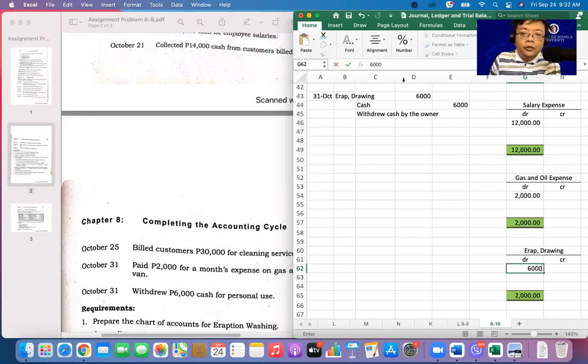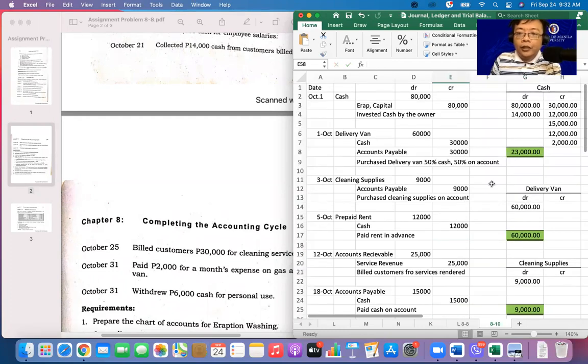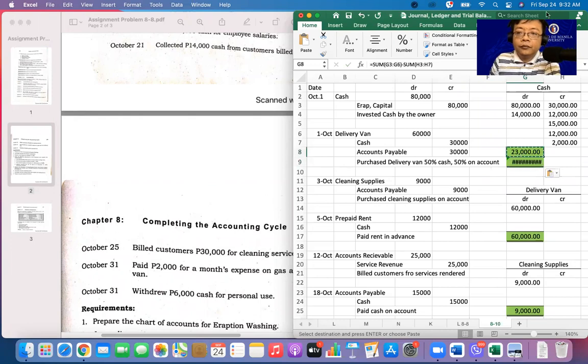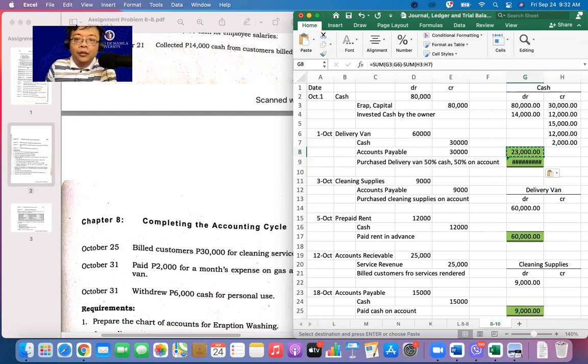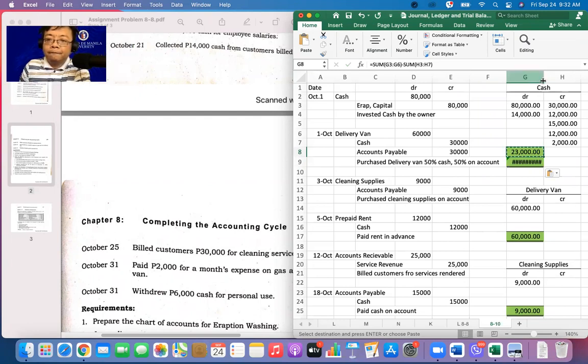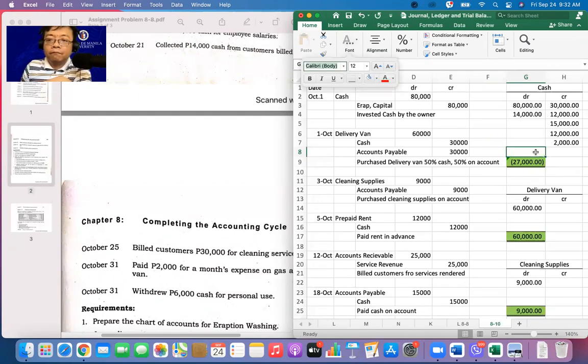All right. So basically, we are done in terms of drawing and of course cash, kulang na. Ilagay ko na muna dito. Kulang na ang ating 23,000. I-arrange ko lang ha.